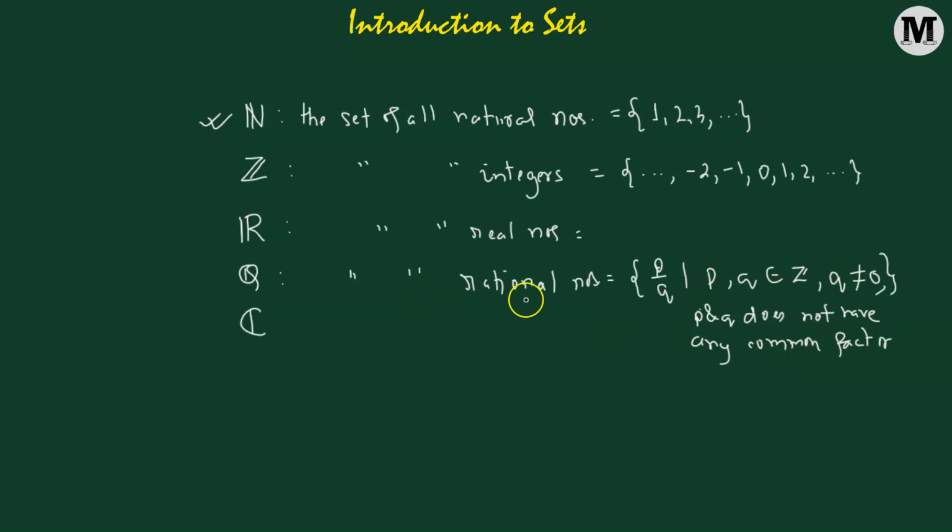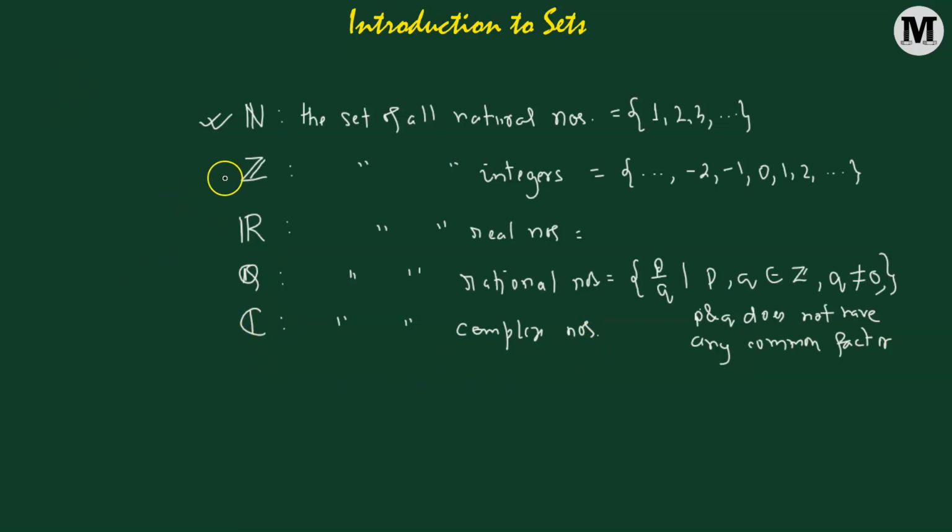So this is the set of all rational numbers denoted by the letter Q in uppercase with a slanted line. Then C. Of course, we are not going to encounter this now. This will come much later. This is going to be the set of all complex numbers. If you are familiar with the concept of complex numbers, then this will be encountered there.